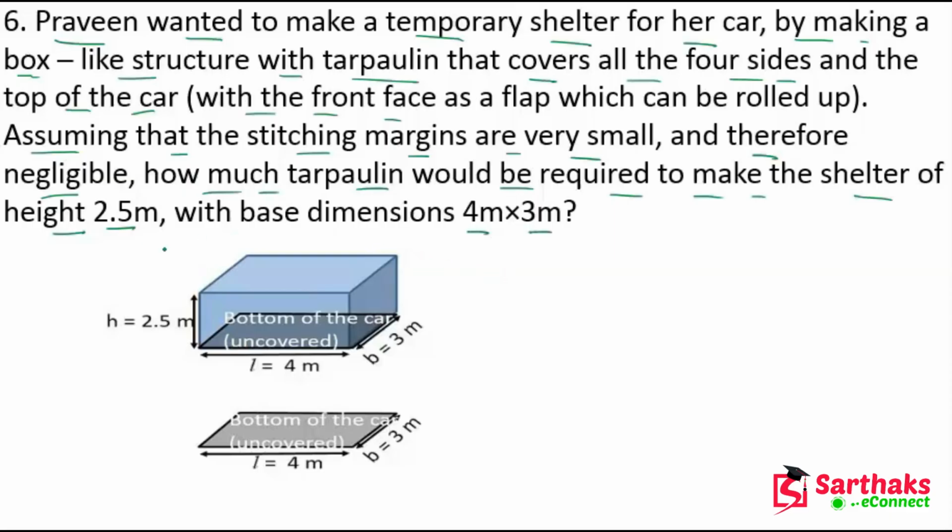So you can see this is the cuboidal box. This is the shelter for the car, and the bottom of the car is not covered, it is uncovered, like this you can see.